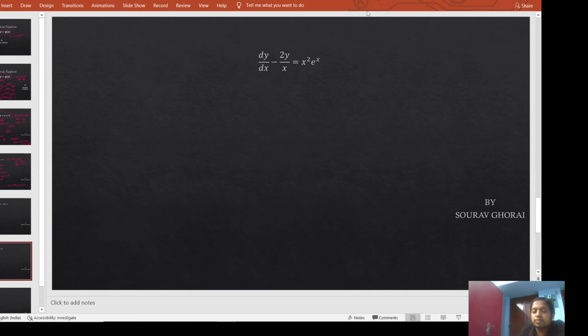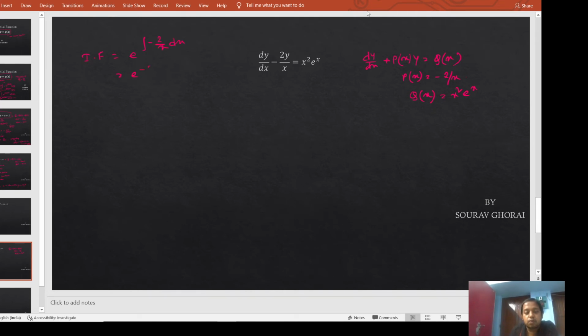If we compare it with the equation dy/dx plus p(x)y is equal to q(x), here p(x) is equal to minus 2 by x and q(x) is equal to x² e to the power x. So the integrating factor here is of the form e to the power integration minus 2 by x dx.